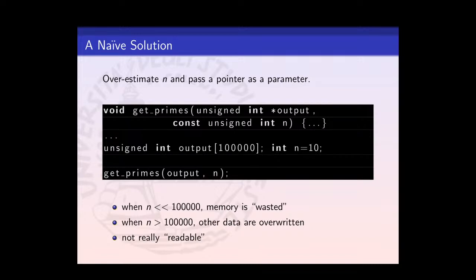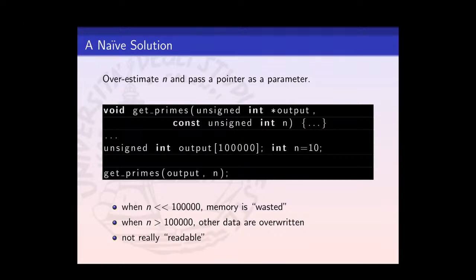In particular, if n is quite smaller than the constant number of the size of the array I just declared there, I'm wasting space, because many of the cells of the output array wouldn't be used at any time.